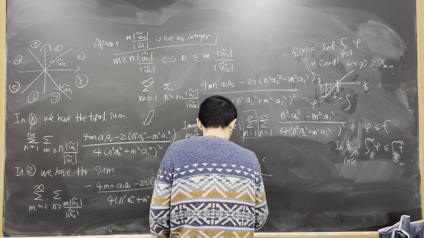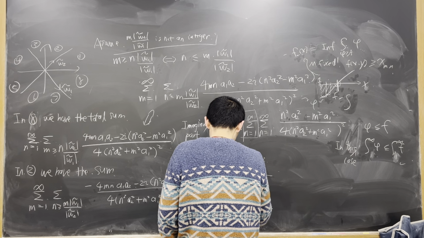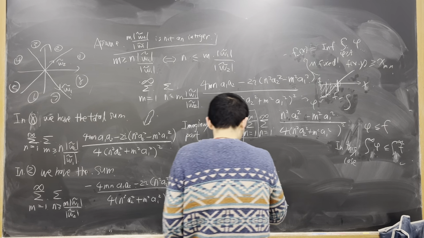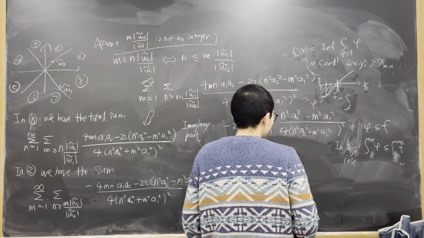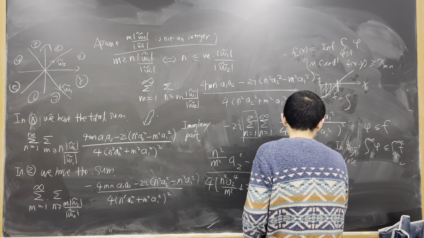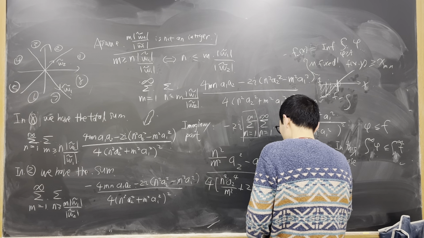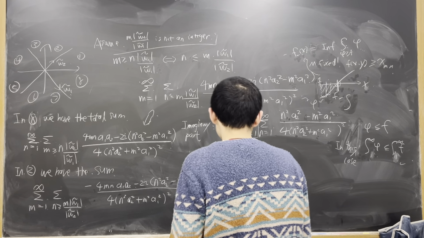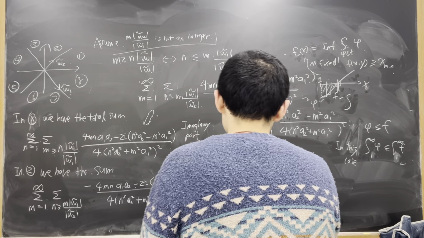So n to the fourth power a2 to the fourth power over m squared, plus 2 n squared a2 squared a1 squared, plus m squared a1 to the fourth power. So when I increase m, the denominator will be strictly bigger, right?